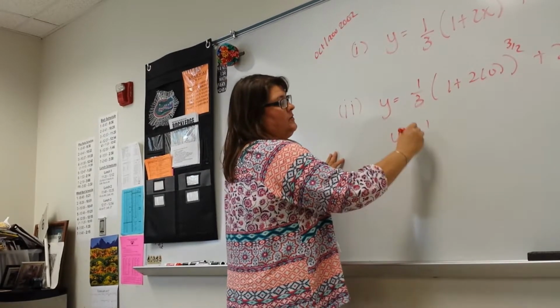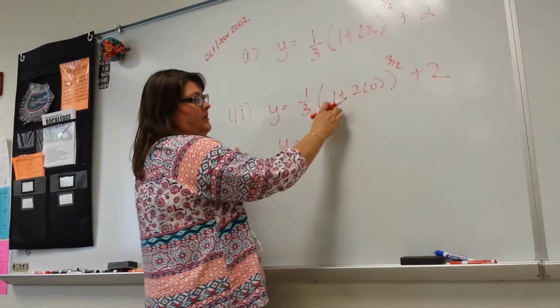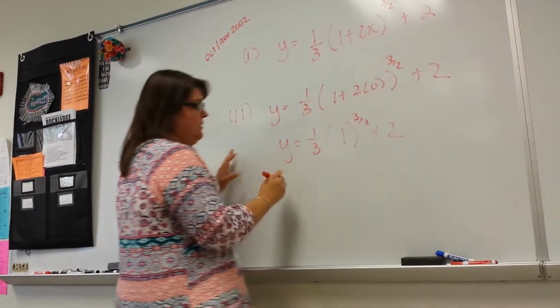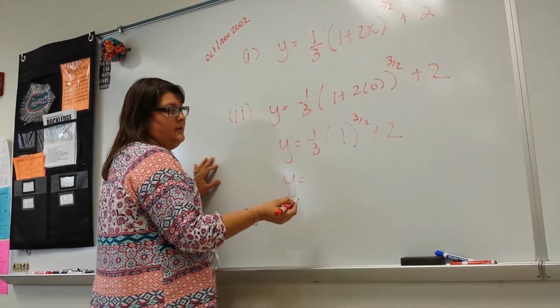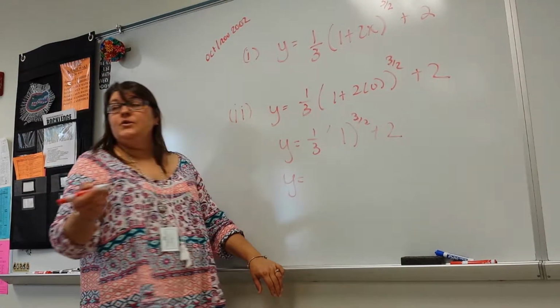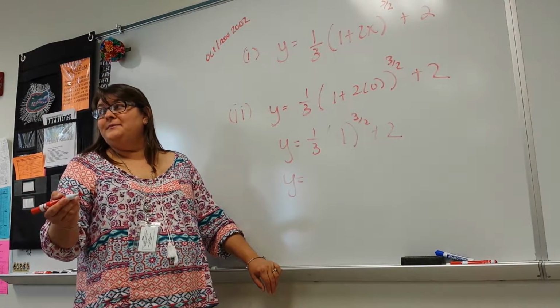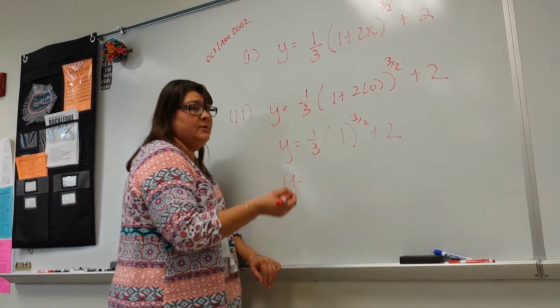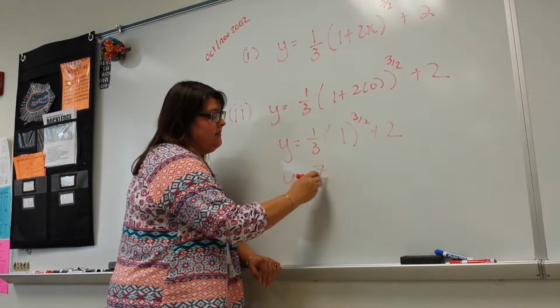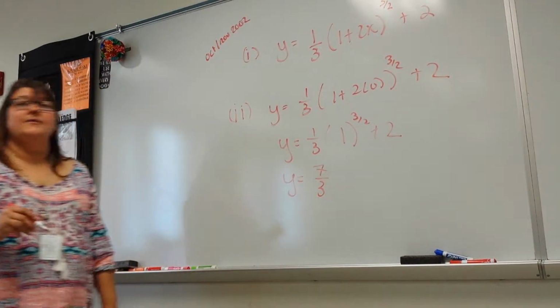So y is equal to 1/3 times 1 to the 3/2, plus 2. Any 1 to any power is 1. So 1/3 plus 2, which is 7/3, because you have to convert the 2 to 6/3.